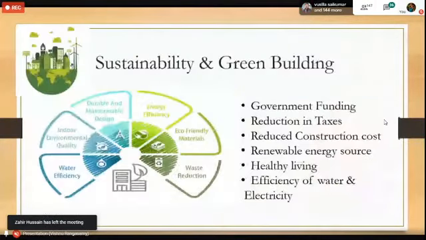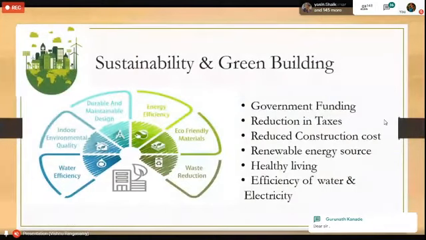Next, sustainability and green building. This is one of the fields gaining more and more demand currently, because the government is going to give a huge amount of funding. Next, reduction in taxes, what the contractors pay.